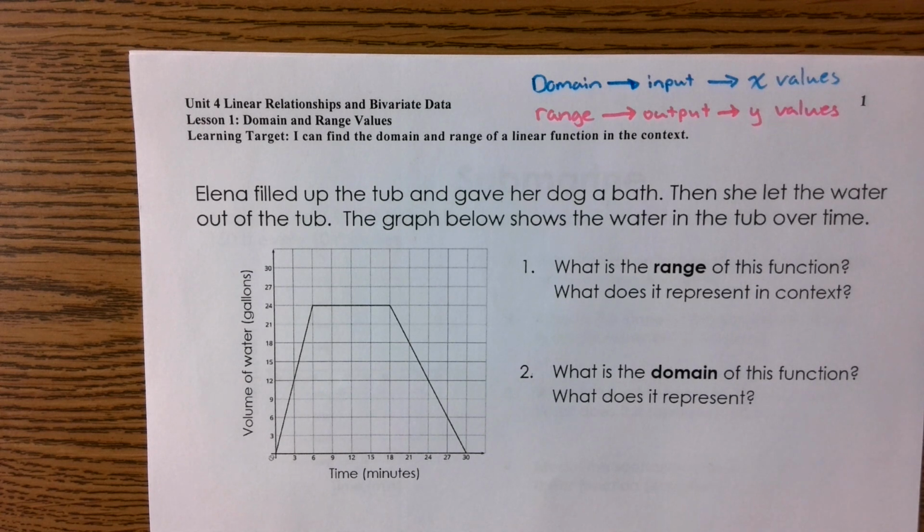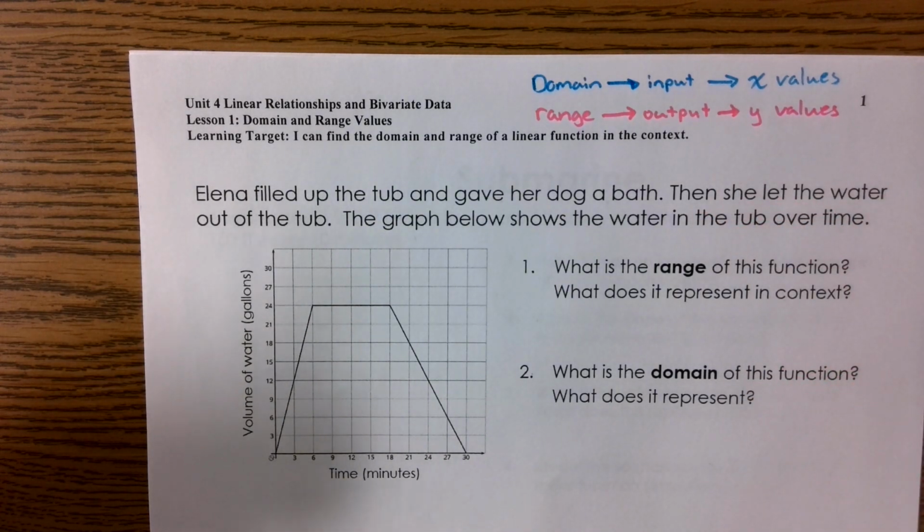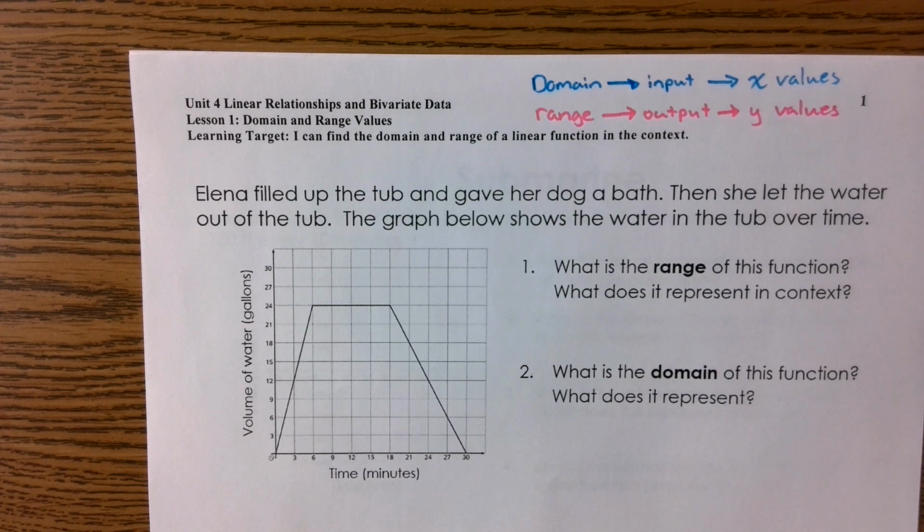But with our domains, what we're doing now, instead of just saying, oh, domain's X, and I'm going to plug it into a linear expression, or an algebraic expression, and solve to get my Y, for these, you're now looking at graphical representations that are related to a context, related to a word problem, and then you're identifying what intervals of domain and intervals of range would make sense in the context of the problem.